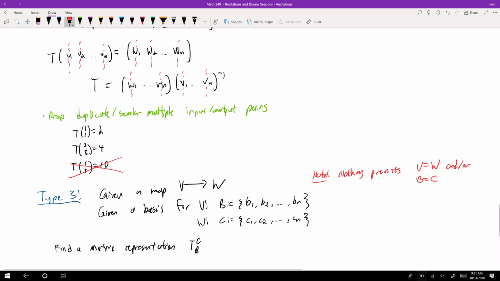And nothing says that B and C have to be different bases. If you're in the same vector space, you can have the same basis. So I think the problem on the practice questions has this case where V equals W and B equals C, right? Because it's a map within the same vector space and within the same bases.